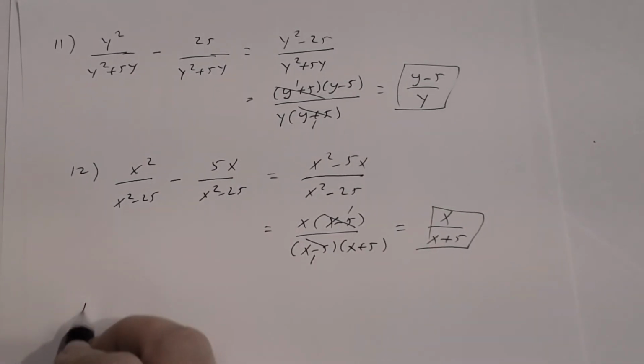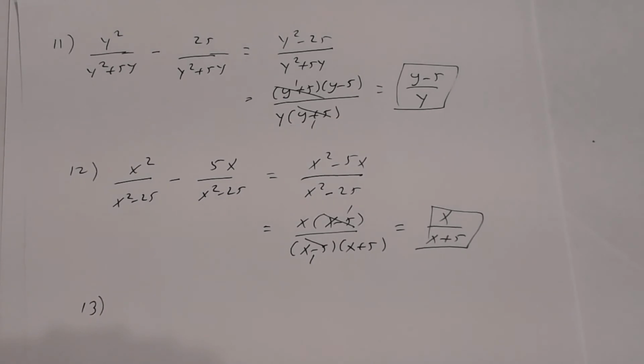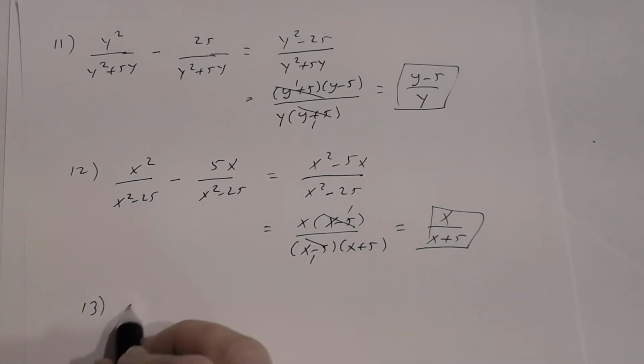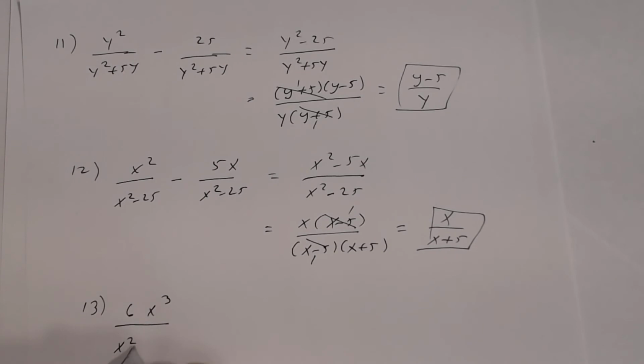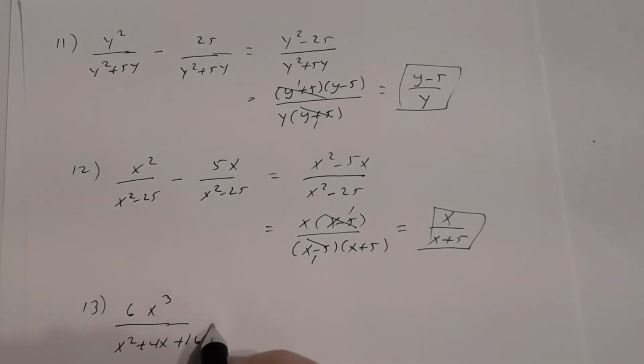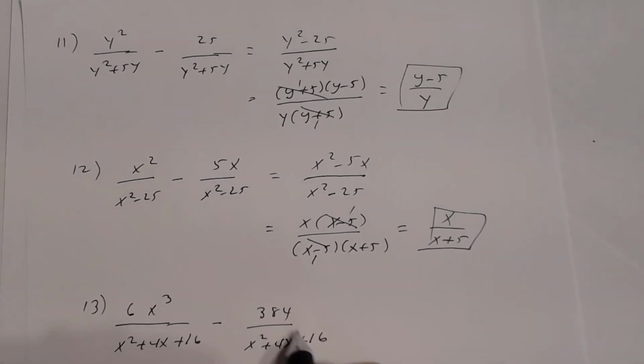Right. Number 13. So in 13, we have 6x cubed divided by x squared plus 4x plus 16, and I'm subtracting 384 divided by x squared plus 4x plus 16.